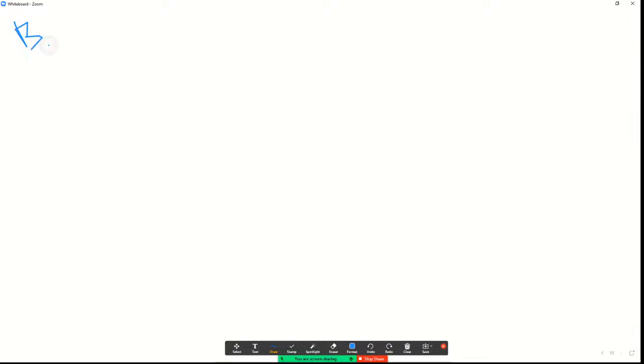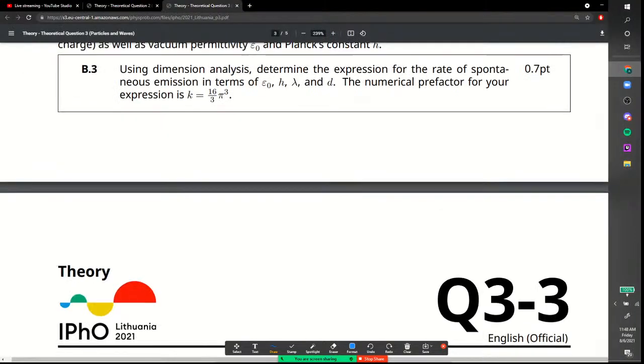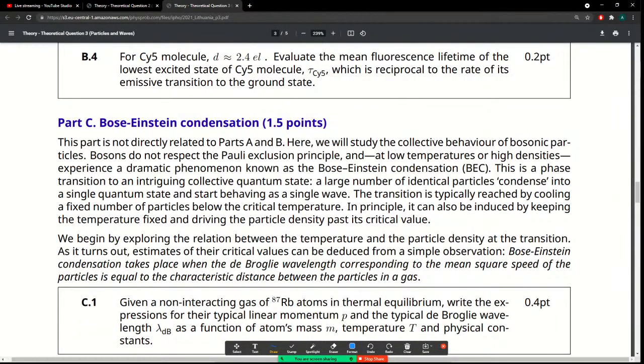And B4. For the Cy5 molecule, D is approximately 2.5 eL. Evaluate the mean fluorescence lifetime of the lowest excited state of the Cy5 molecule, tau Cy5, which is reciprocal to the rate of its emissive transition to the ground state.